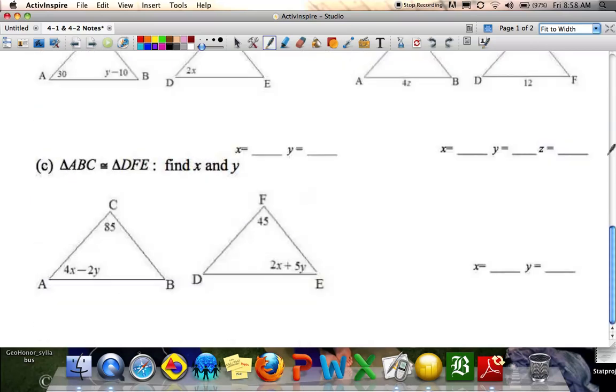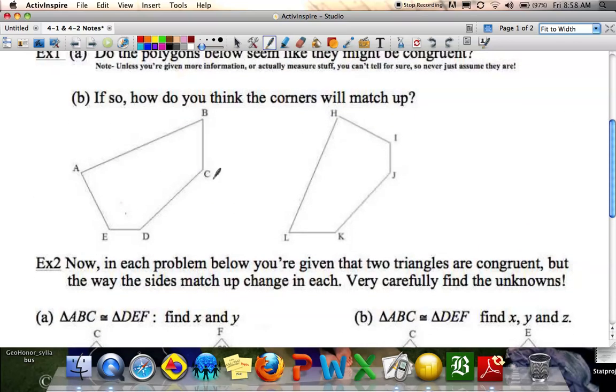So looking at the polygons, I see a long side alongside a shorter one, a really short one, a middle length, and a little smaller. So I would say that this one, AB, lines up with this.